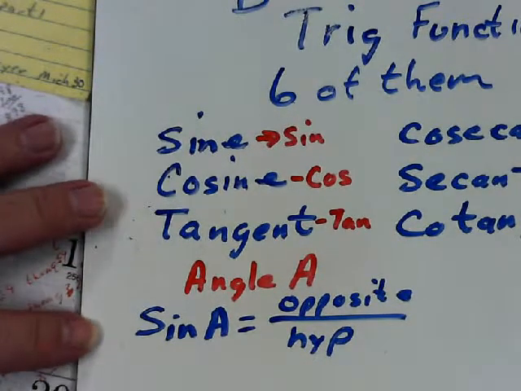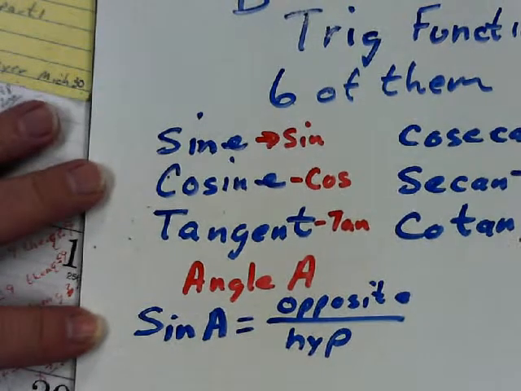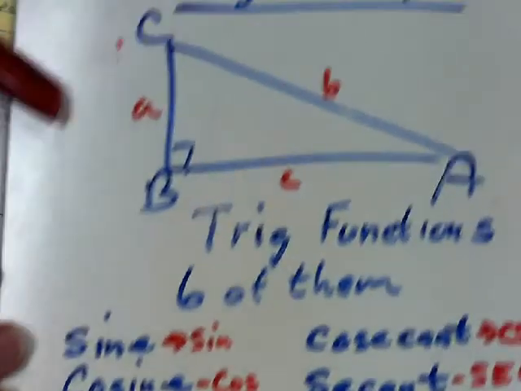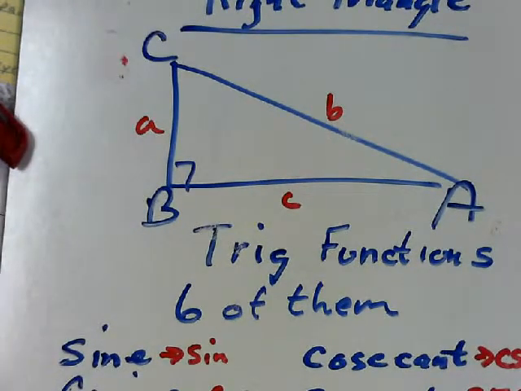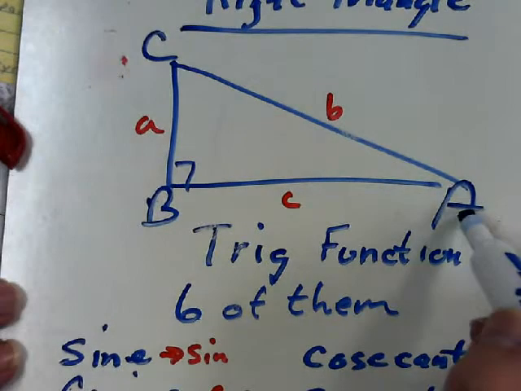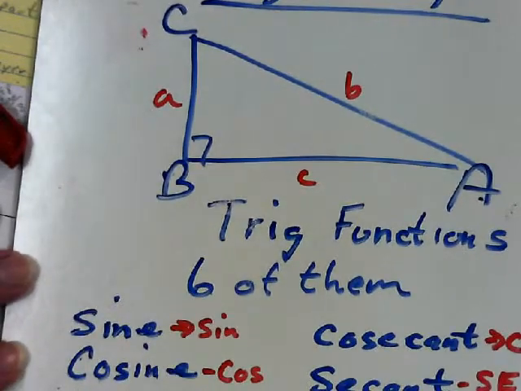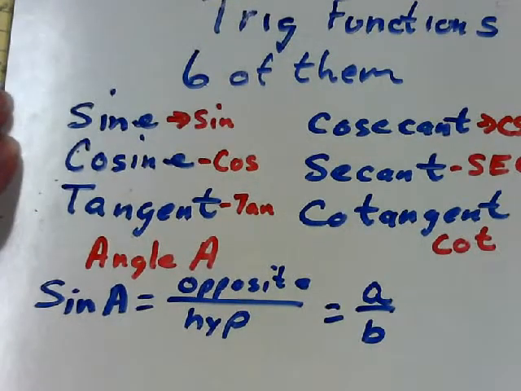So if I looked at the sine of angle A is the opposite over hypotenuse, and I'm back up here to this triangle, and I went here to angle A, what's the opposite side? Side A. What's the hypotenuse side? B. Little b. So it would look like little a over little b. Okay? Alrighty. That's not so hard now, is it? It's just a ratio.